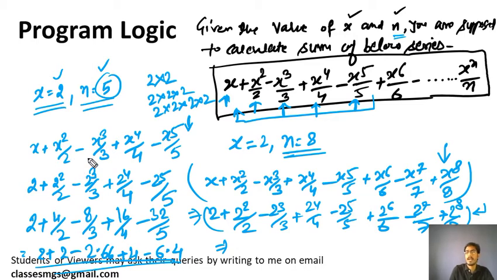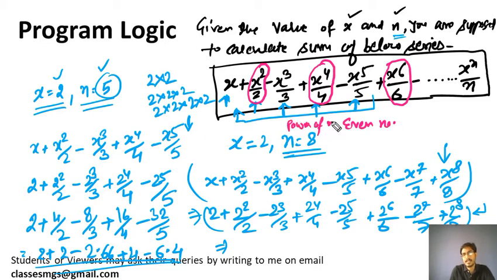and then add those. Now if you notice, whenever the power of x is even, in that case we are adding the term in the series. If the power of x is an even number, what do we need to do?